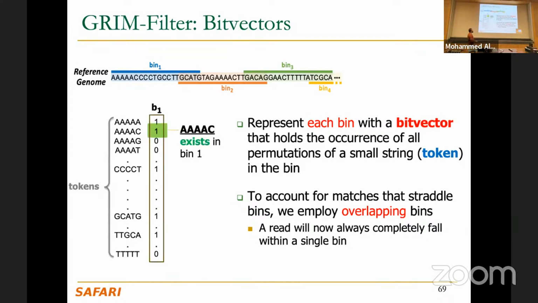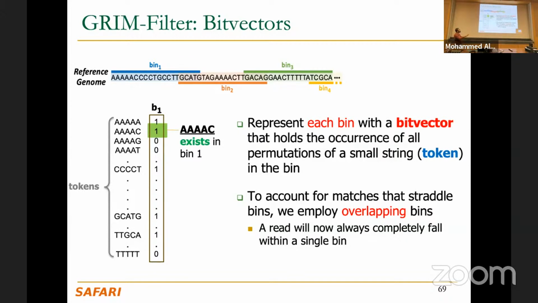What does this bit vector represent? This bit vector, as it says, is bits, right? Only 0 or 1. Whenever you have 1, it means this portion of data exists, as you can see here, A, so I record 1. Now there is an overlapping piece, so I start from the second character all the way to C. And if it exists, I record 1.